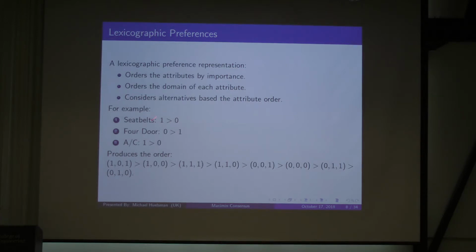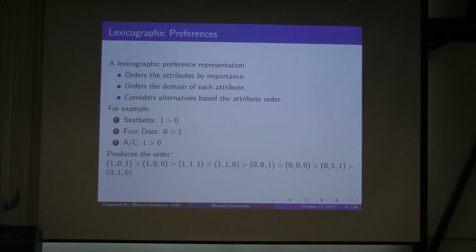If, however, they both have seatbelts, or they both don't have seatbelts, basically if they're equivalent on our most important attribute, then we'll break that tie by going to the next most important attribute. So in this case, it's 4-door. We want something that's not 4-door over something that is. So if they both have seatbelts, but one has 4 doors and the other doesn't, we're going to take the one that doesn't.